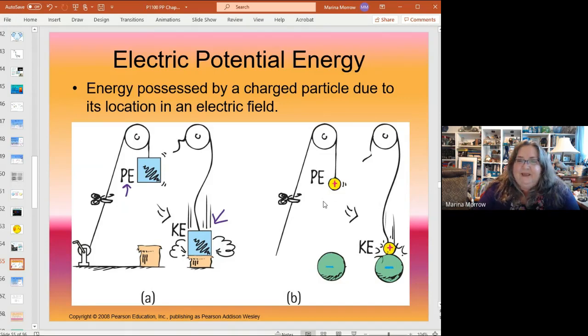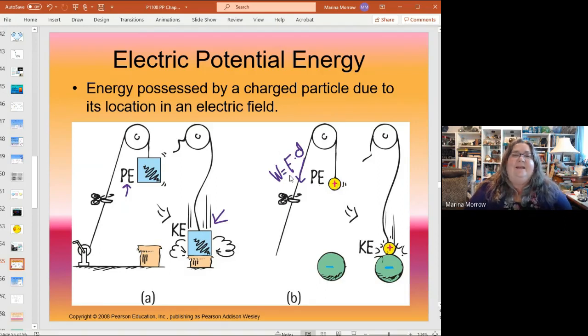All right, so you've given it energy by doing work, by pulling that charge away. That's called charge separation. And if you do work, pull with a force times a distance, then you can give it energy. Work is force times distance. So you give it a type of potential energy.